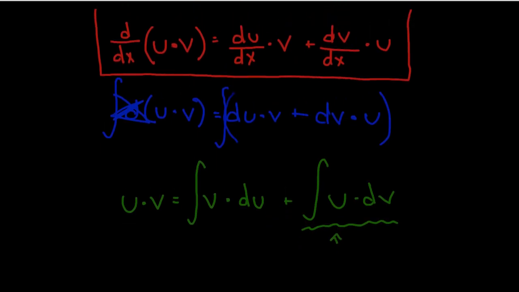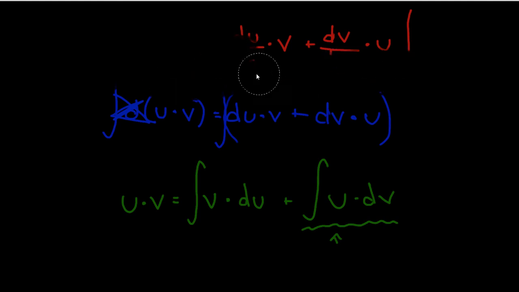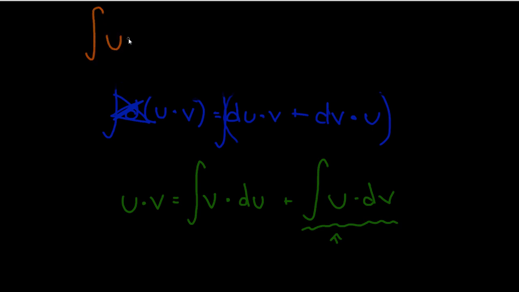I'll erase something up here. Okay, so we can say integral of u dv equals uv minus this integral.